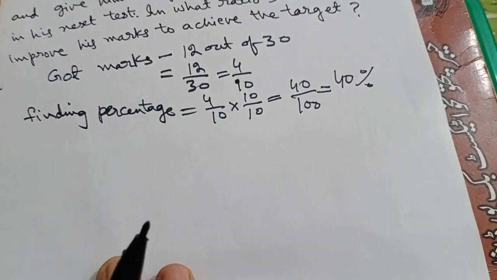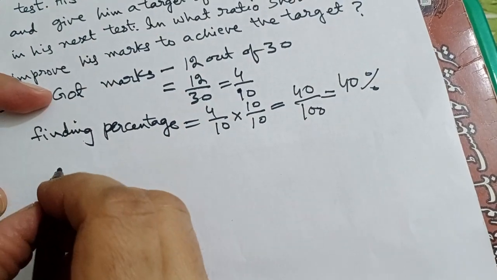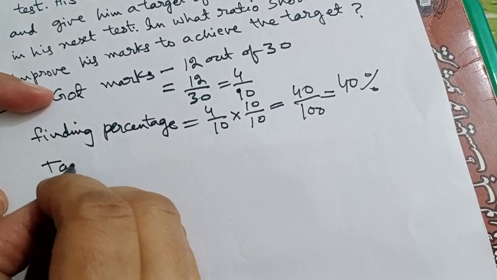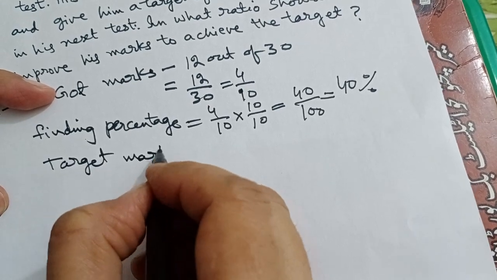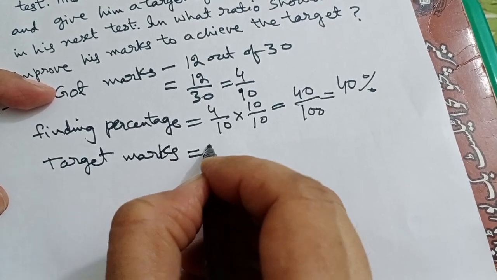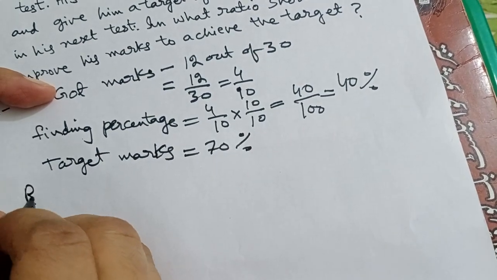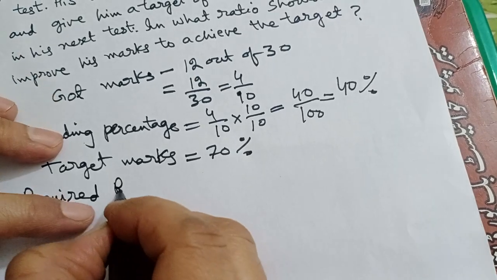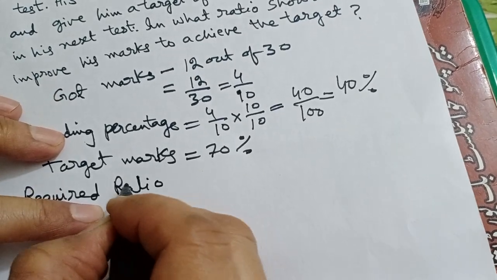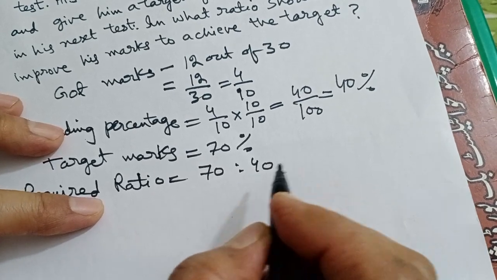Next we have to find the required ratio. We have target marks 70%. Required ratio is equal to 70 ratio 40.